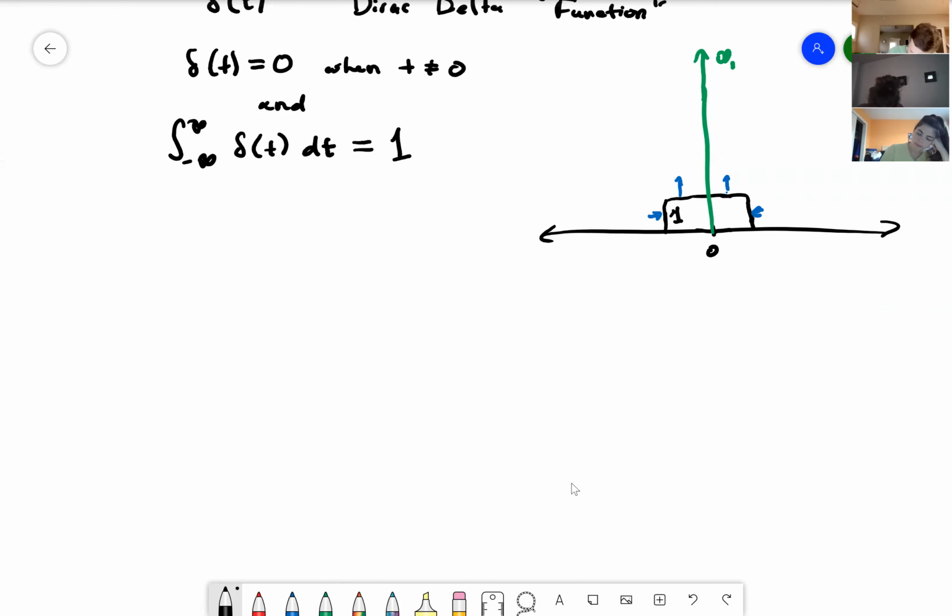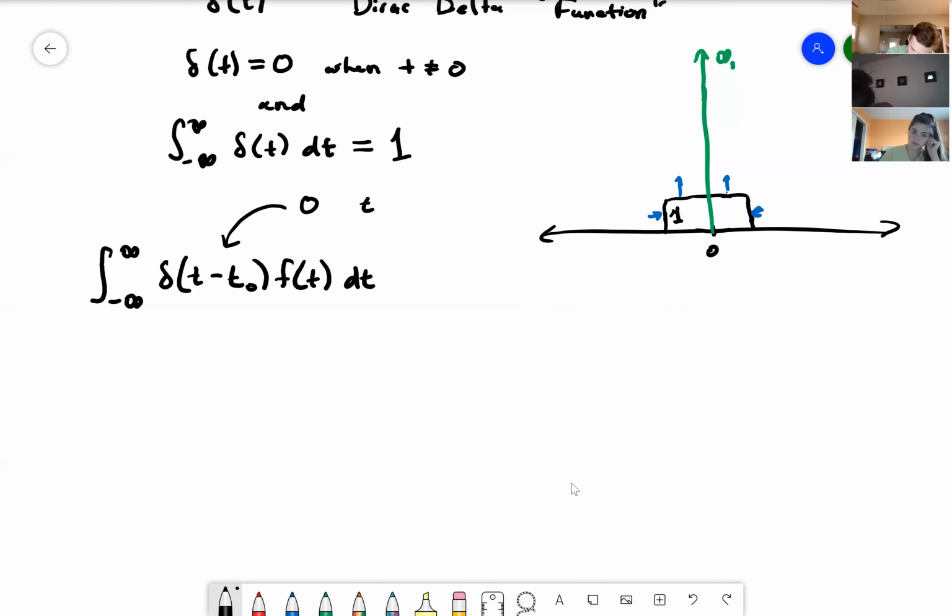And one of the things that we found was that if we take this Dirac delta function and integrate it against another function, we took this function, whatever its normal value is, and multiplied it by the output of the Dirac delta function, which was 0 whenever t was not equal to t0, and this special infinity when t was equal to t0.